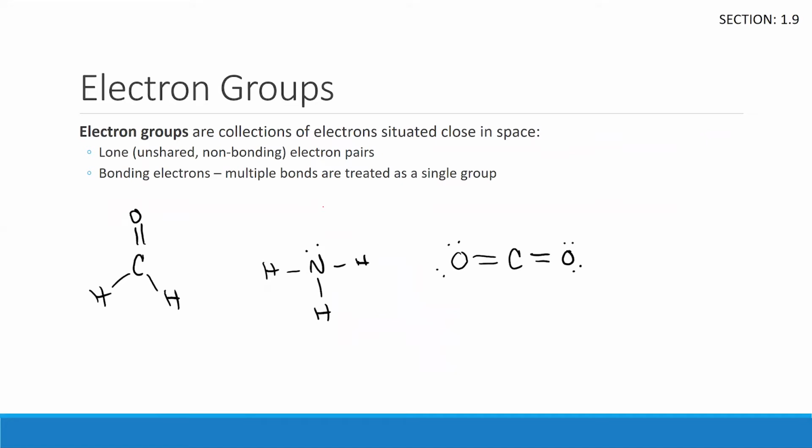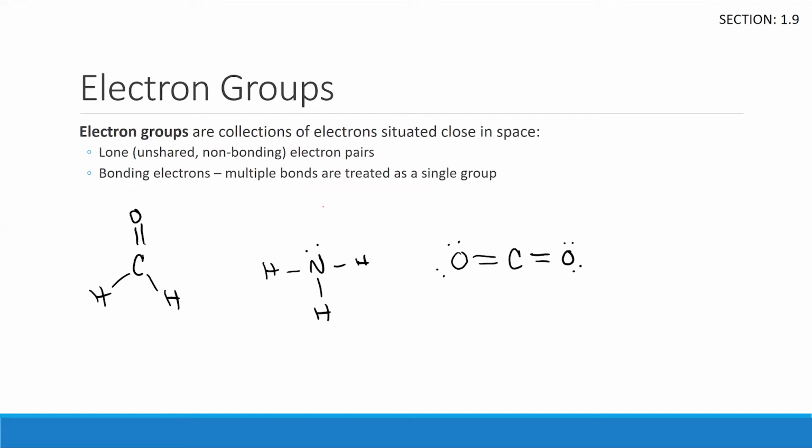So let's think about how we actually go from electron pairs and electron groups to shapes. One of the key things you need to understand for VSEPR theory is that we're counting the number of electron groups attached to a central atom. Electron groups are defined as 2 different things. They can be lone pairs, and remember, lone pairs on the central atom.